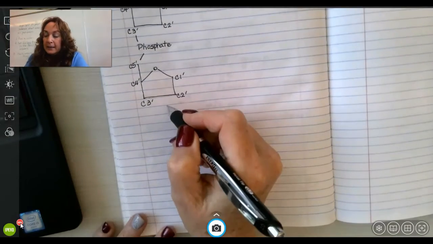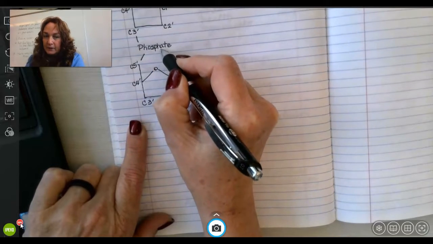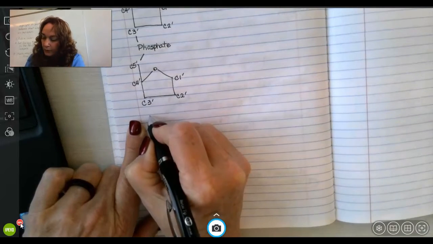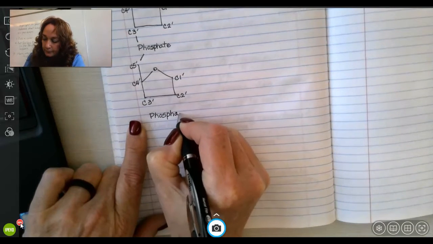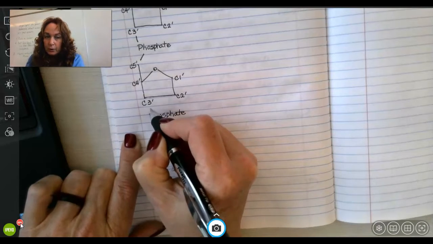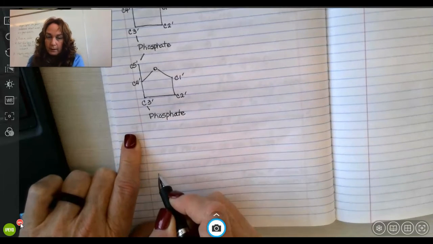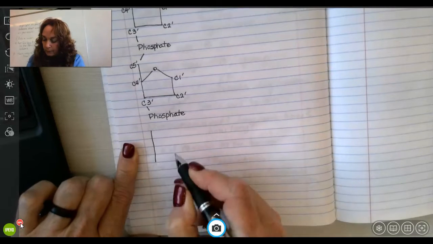So I'm going to repeat this again. This is my sugar, my phosphate, my sugar. It's time for a phosphate. Put it right here. And then it's going to bind to the 3' carbon of the one above it. Then I'll draw my next sugar.